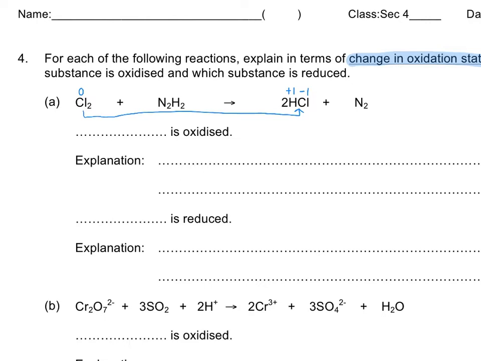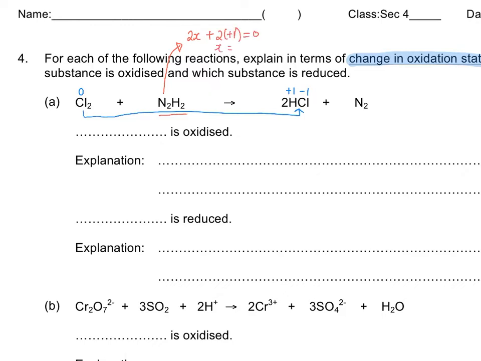Now let's look at N2H2. Sometimes they can give you a compound that you may not know what it is. It doesn't matter, you can still find out the oxidation state without having to know the name of it. So I would form an algebraic equation here. 2x plus 2 times positive 1 equals 0.